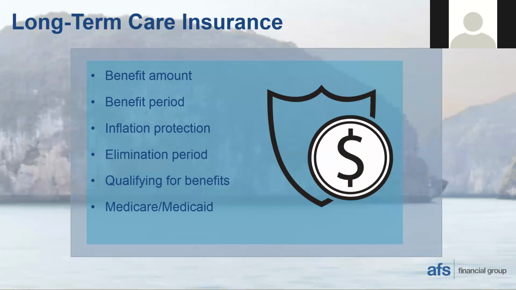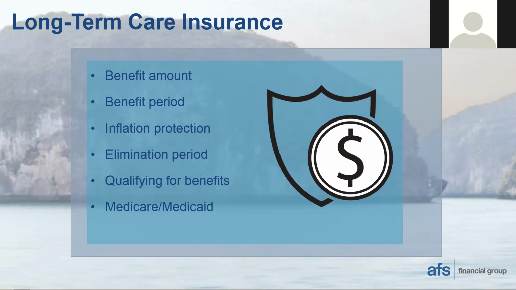I always think about it as the first 6 things you do when you get up in the morning: getting yourself in and out of bed, maintaining continence, using the toilet, cleaning yourself, clothing yourself, and feeding yourself. So if you ever need help with any 2 of those 6 activities of daily living, that's when a long-term care insurance policy kicks in.